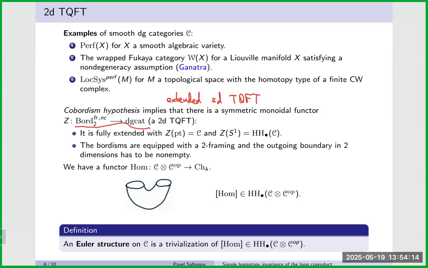In my setting, I'm going to look at the target being the two-category of DG categories. So usually in extended TQFTs, you look at some class of categories as the target. In physics terms, it's called the category of branes. And so you need to specify this value on a point, which is a category. So in my case, it's a DG category.